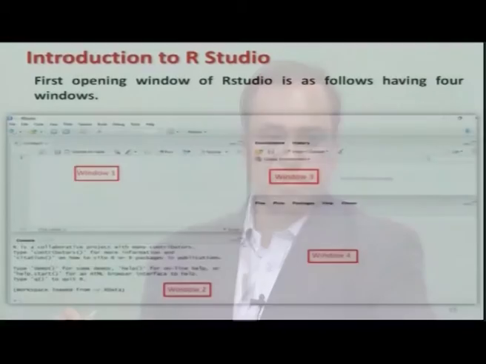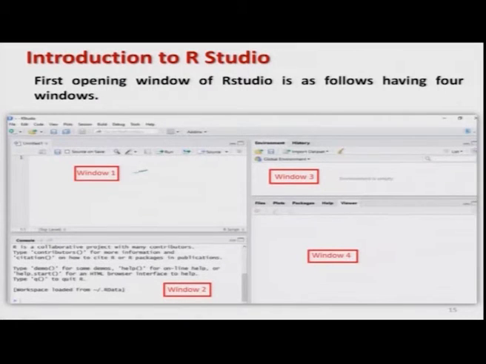So, you have seen here we have 4 windows. I am calling this window 1, this window 2, this here window 3, and this here window 4. Right. And now let us try to understand the information provided by each of the windows one by one.